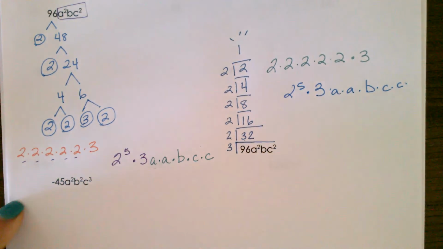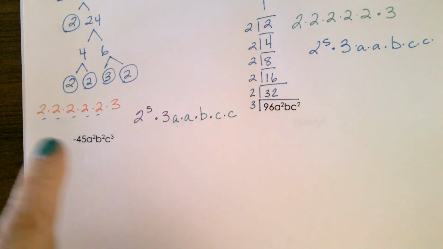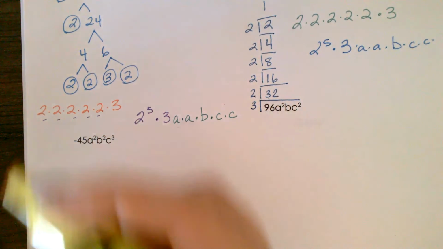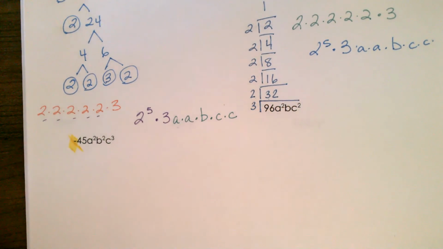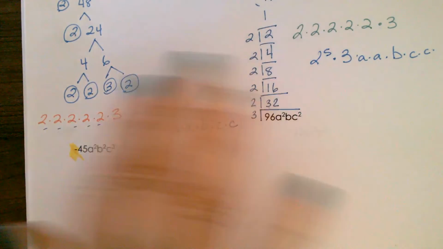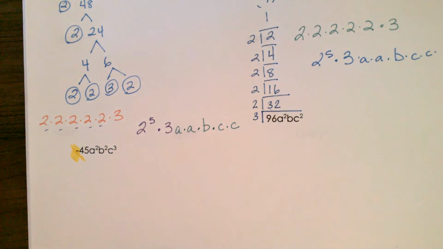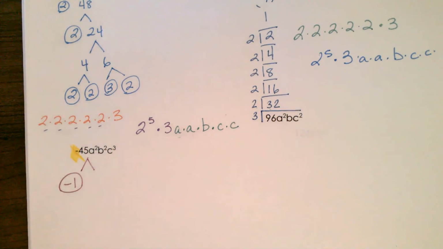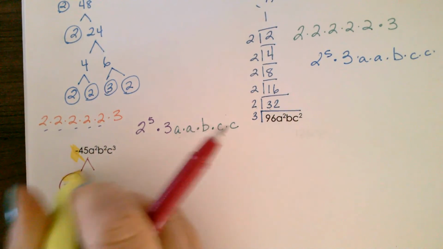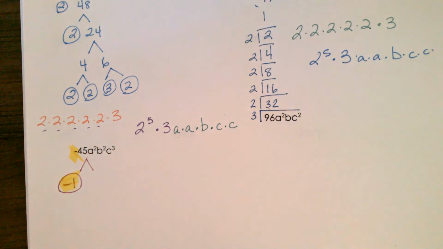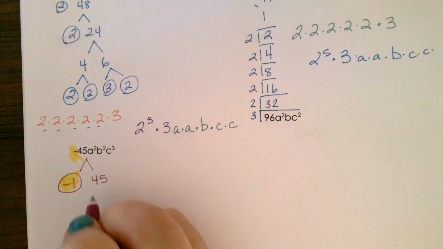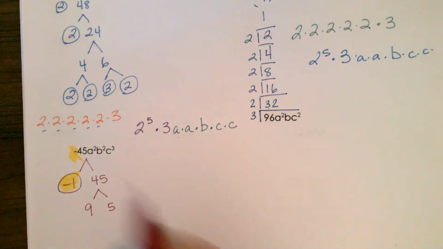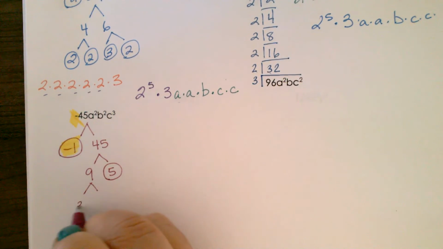All right. The thing you need to be aware of for this one is the negative. I don't care if you decide to use birthday cakes or Christmas trees. I'm going to use a Christmas tree and I need to pull out the -1. That is mandatory. You may not leave it there. So I would have 45 here. Well, I know 9 times 5 is 45, and that's prime, so I'm going to circle. 9 is 3 times 3.